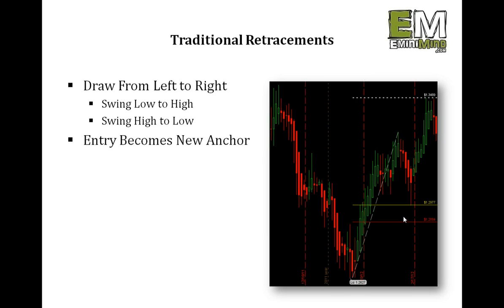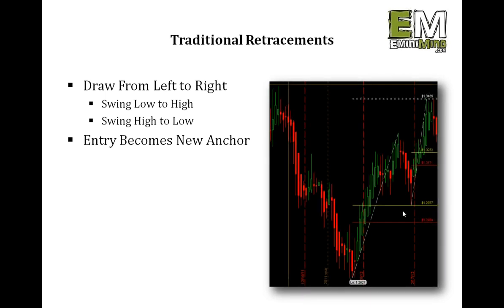So our entry then becomes the new anchor. So we're drawing from lows to highs in this instance, and then we draw from the entry, that becomes our new anchor. Once we come up and we hit our target, we can draw the next traditional halfway back, the next 50% retracement.